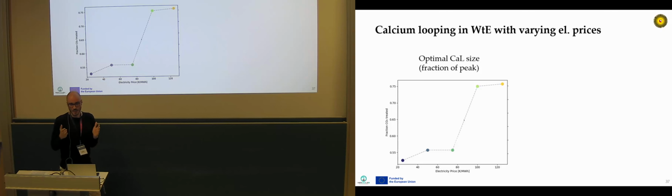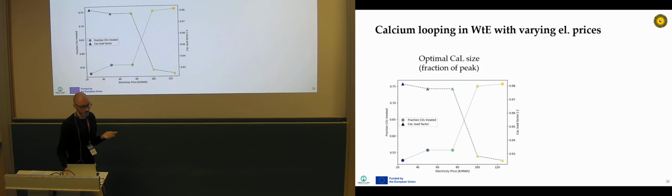The moment we increase the electricity prices, there is a sort of bump, and we go from an optimal size of 55% to 75%. And to understand why there is this bump, we need to look at what happens to the load factor, so how much you're using your calcium looping unit.